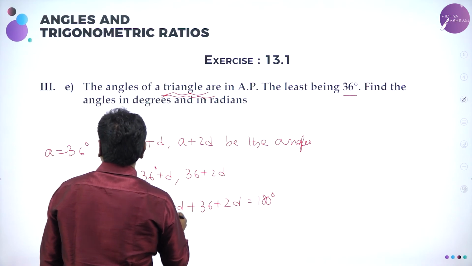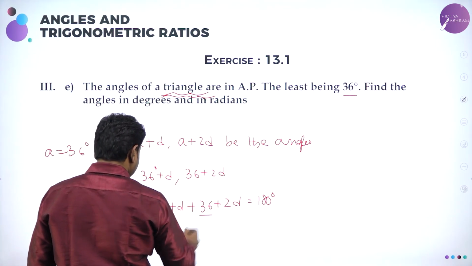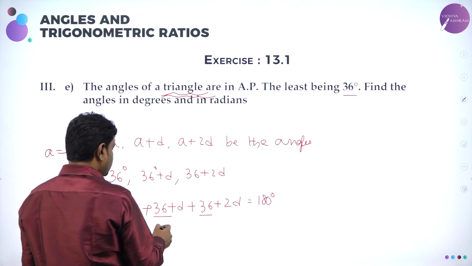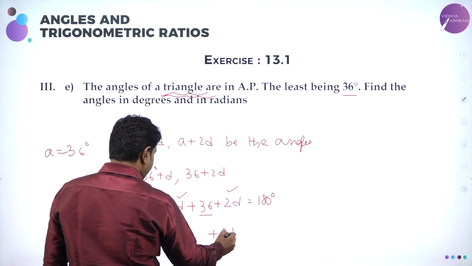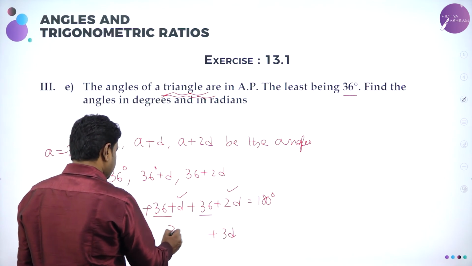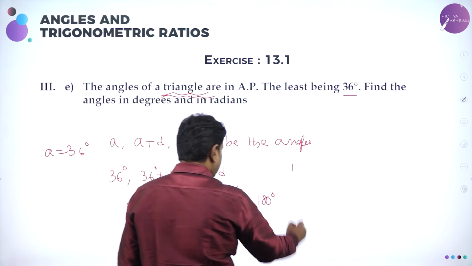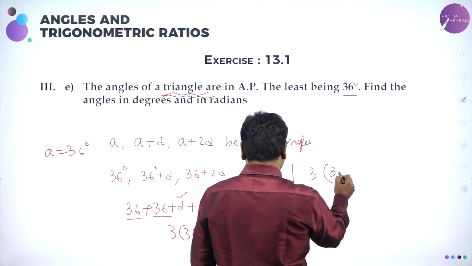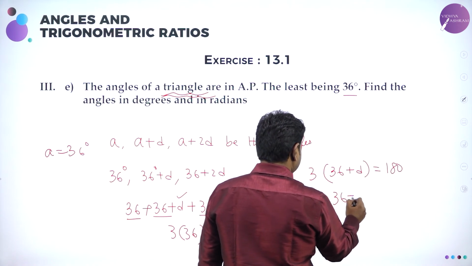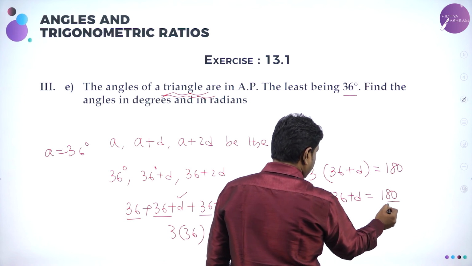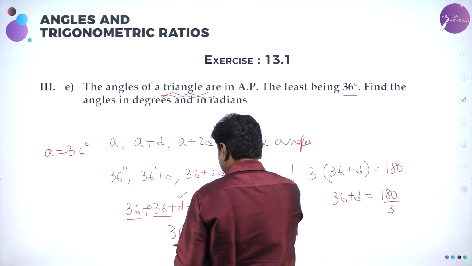That is 3 times 36 plus 3D equals 180. I'll take 3 common: 36 plus D is equal to 180 divided by 3.